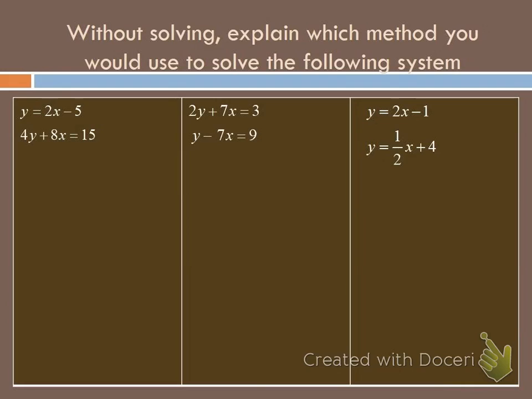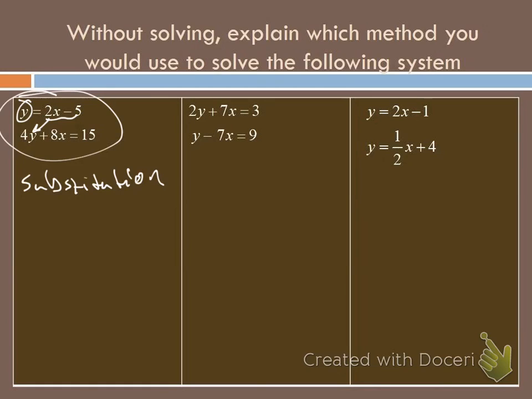In this first one, which method would you use? Hopefully you're thinking substitution, because y is already by itself. So we could just plug 2x minus 5 in for this y right here and go to work and solve for x. Okay? The next one.